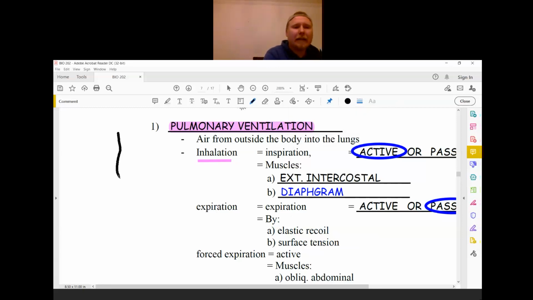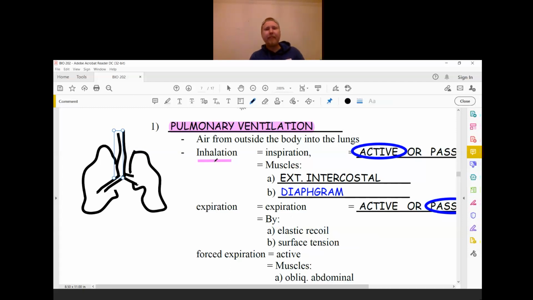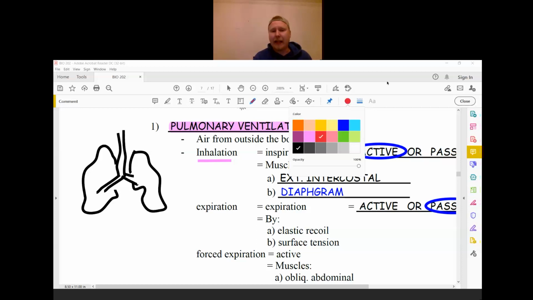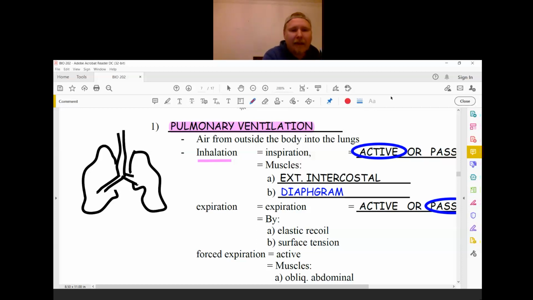Our trachea, primary bronchi, and our lungs here. And there's a couple of muscles that are involved in the process of breathing in. First of all, we have muscles in between the ribs, so intercostal muscles, and it's going to be the most external ones of those. And we also have diaphragm.